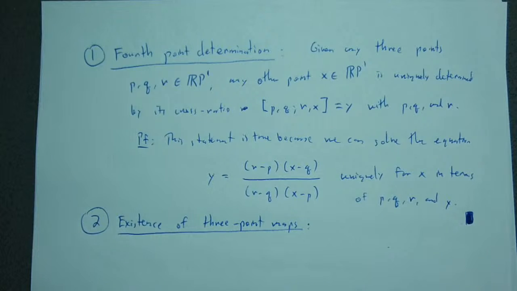What this says intuitively for us is that any projective invariant we would want to come up with could not be a projective invariant of 3 points alone. The reason for that is we can come up with a projection that projects any 3 points you like onto any other 3 points you want them to go to.